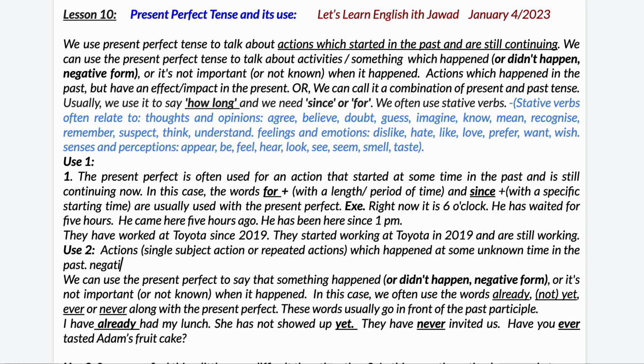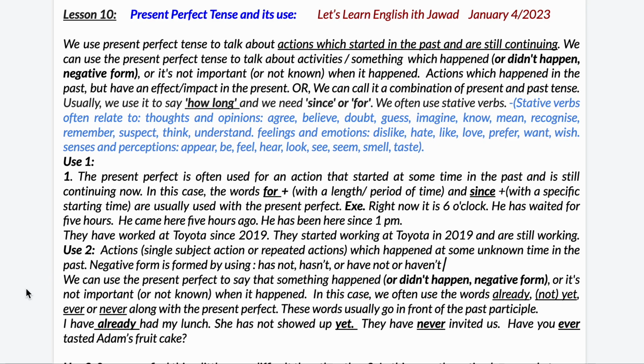if you want to talk about the negative form, as structured or formed by using has not, or hasn't, or have not, or haven't.